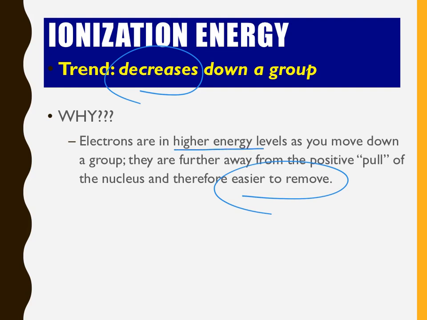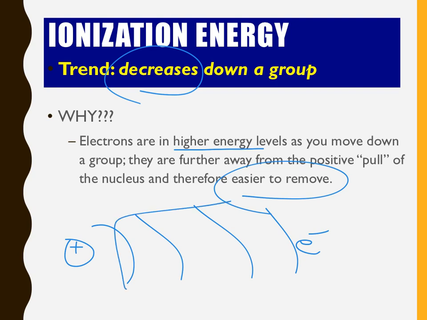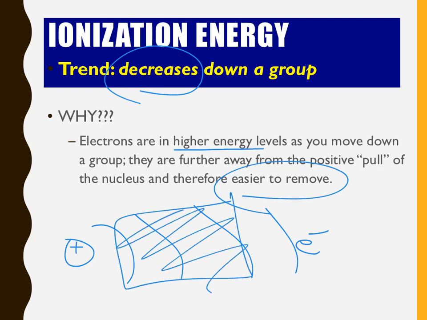Higher energy levels, meaning increased distance from the nucleus. So the further away that electron is, the easier it is to remove. And then just like last time, we also have these inner electrons that would create a shield. So you have the shielding effect and the distance from the nucleus always being a problem as you're going up and down a group. For ionization energy, that's going to cause it to decrease.